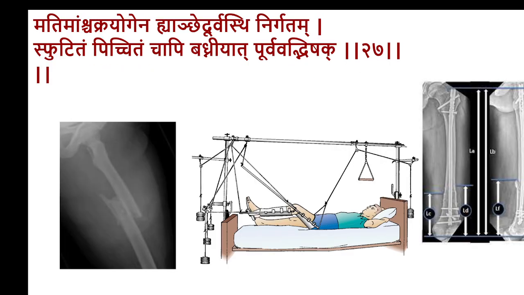Suppose in case of the urvasthi fracture, there is a gross displacement. If there is a nirgata urvasthi, that is, a significant proximal displacement of the bone after the fracture, and this is very common in femur injuries.